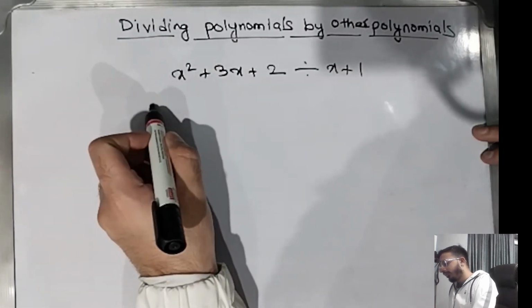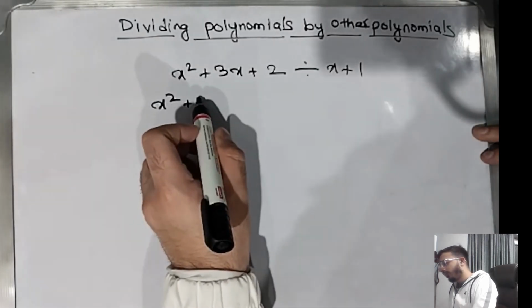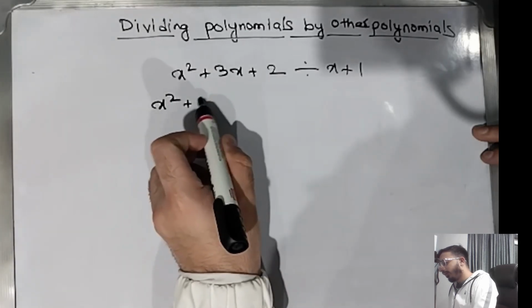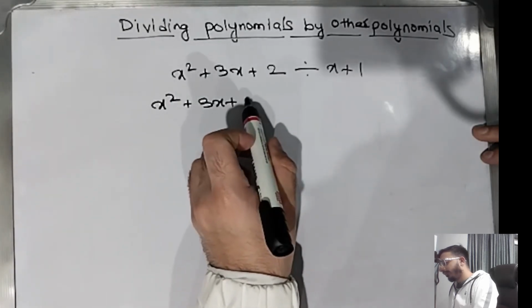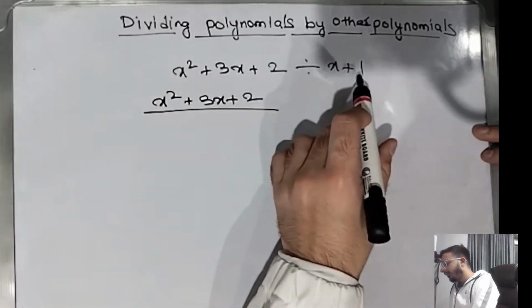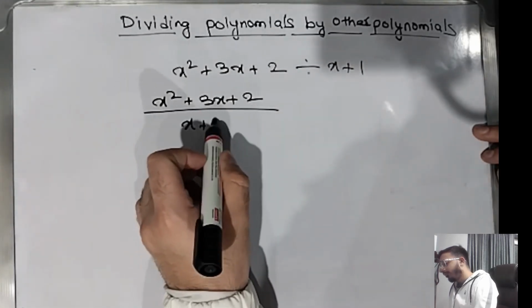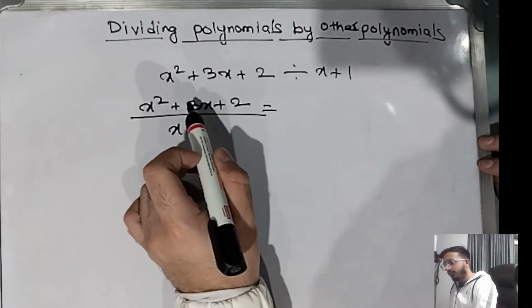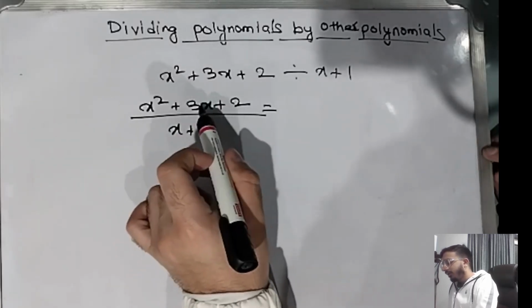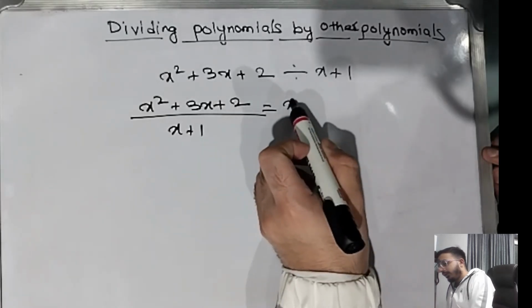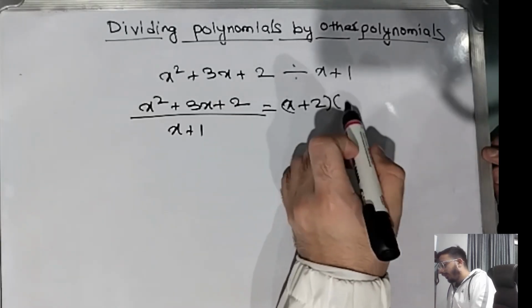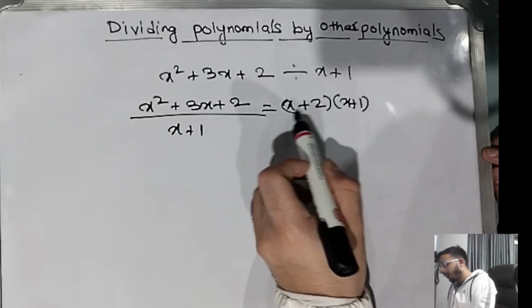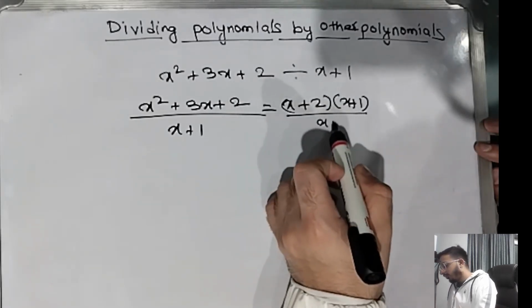One method is you write the dividend as the numerator, x square plus 3x plus 2, and the divisor in the denominator. Then you can factor out the numerator using the middle term factorization method, and you get x plus 2 times x plus 1 divided by x plus 1.